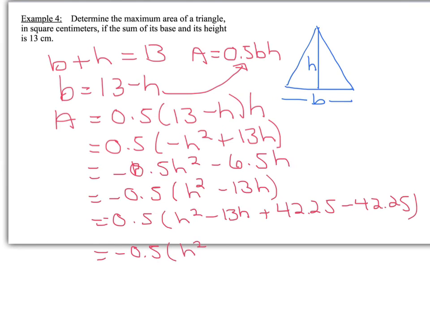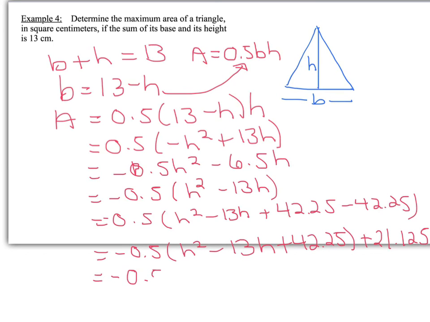Move the subtracted value out, which we would have to multiply by negative 0.5. Okay, so we do that, 42.25 multiplied by 0.5, this is going to be positive, and we get 21.125. Don't round anything, we don't need to round. We can round the final answer if we like, but don't round in between.